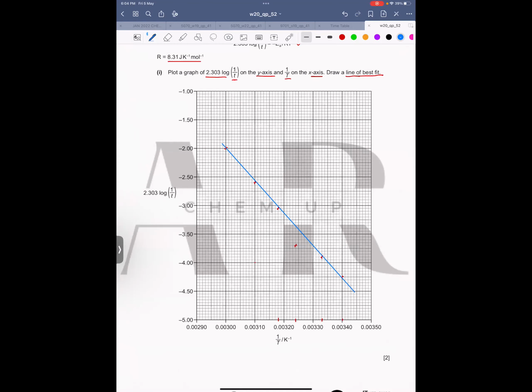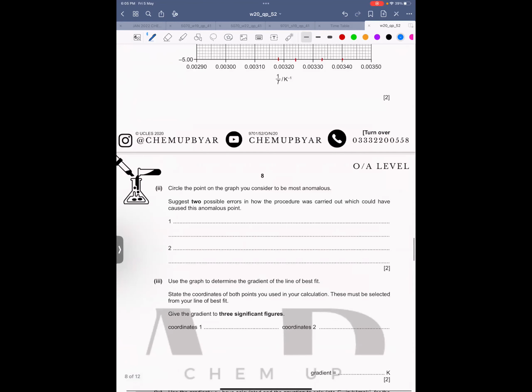Okay. Now, next part. Circle the point on the graph you consider to be most anomalous. Suggest two possible errors in how the procedure was carried out, which could have caused the anomalous point.